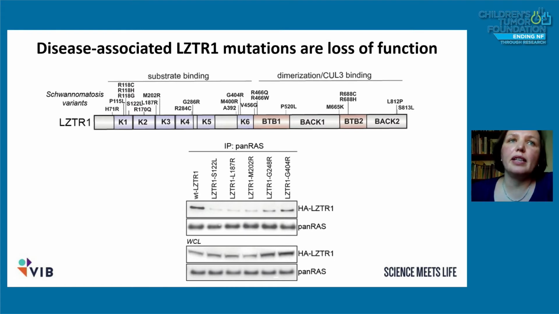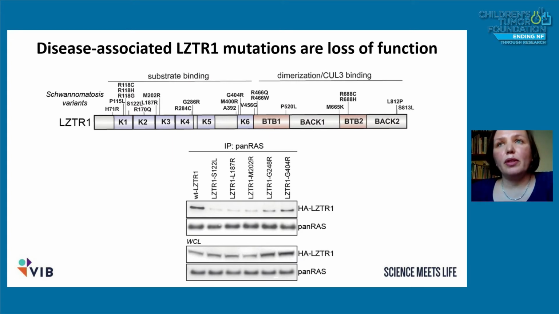We started with the Kelch domain of LZTR1, which is responsible for substrate binding. In our case, we believe that LZTR1 controls ubiquitination of RAS proteins.